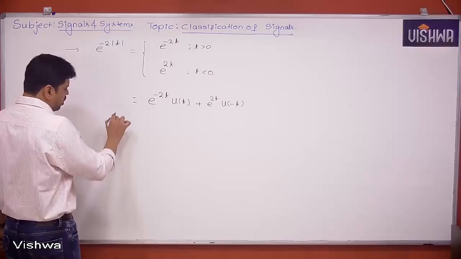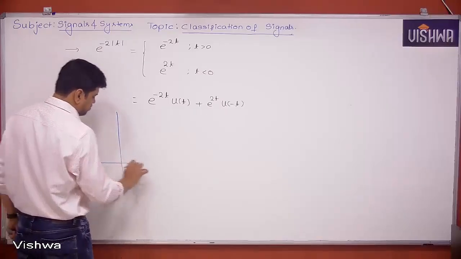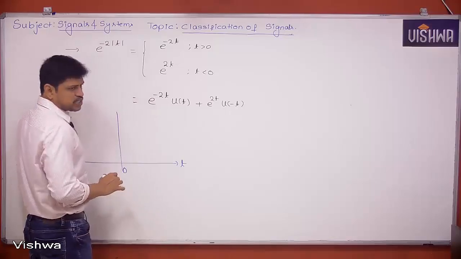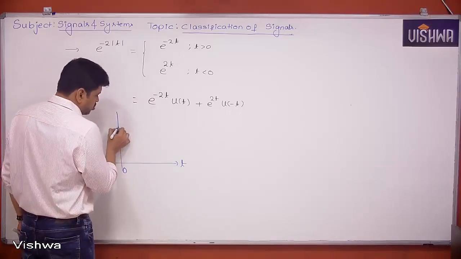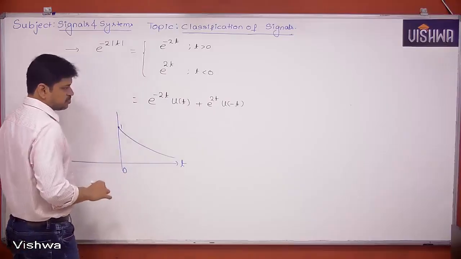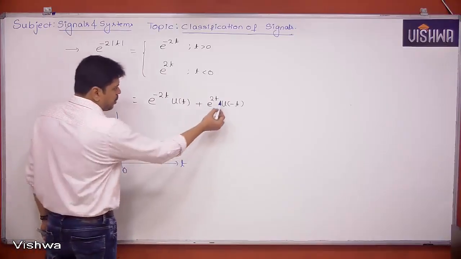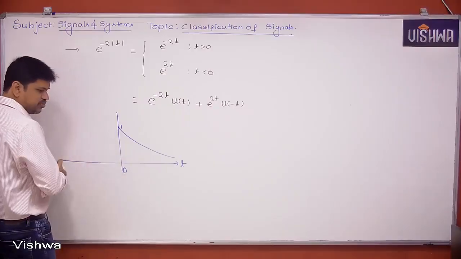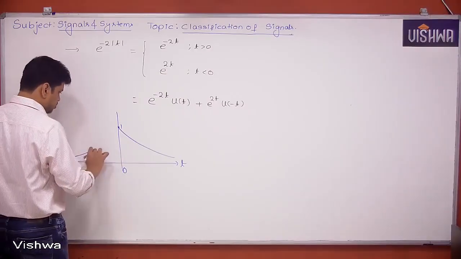If I try to draw this function, how does it look? E power minus 2t u of t is an exponentially decaying function which exists only for positive values. E power 2t u of minus t is a growing exponential but exists only for negative values of time.